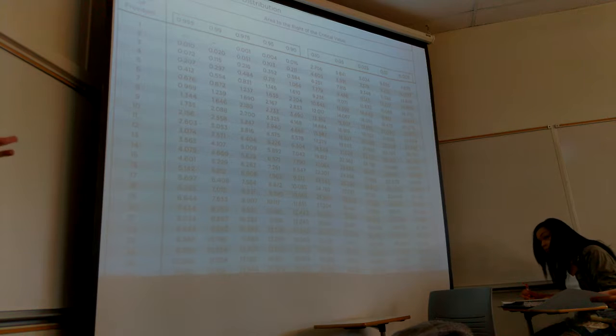So anything bigger than 0 means that's how far off they are. Were these two things far off enough to be evidence that grades are not uniformly distributed? No, they weren't. I only got 5.25 away from perfectly the same. I had to be at least 9.488 away from perfectly the same.